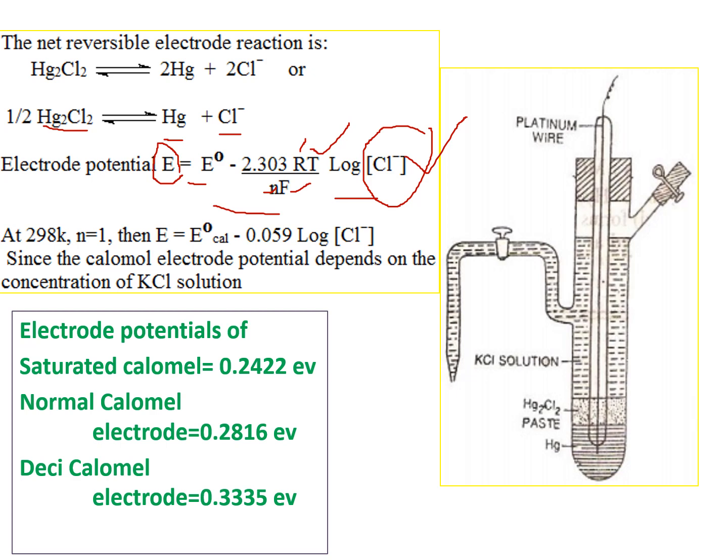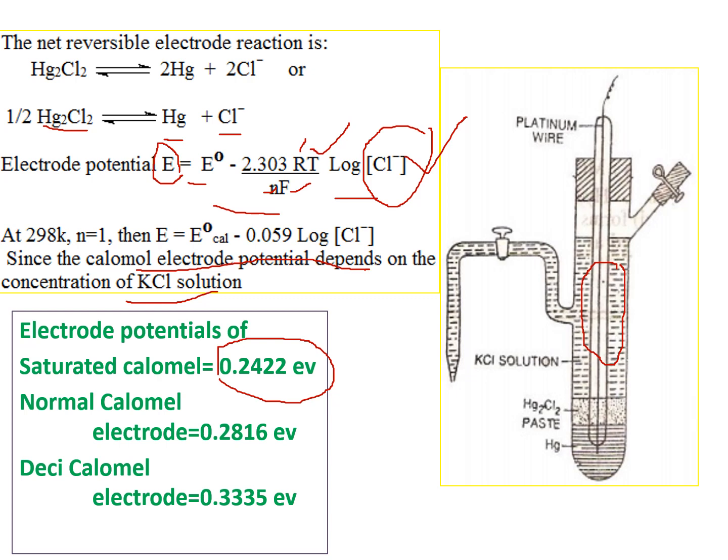So the calomel electrode potential depends on the concentration of the KCl solution. How concentrated the KCl solution filled into the calomel electrode is, decides the electrode potential of the calomel electrode. If you fill saturated KCl solution, the potential value becomes 0.2422 volts. The most often used calomel electrode is the saturated calomel electrode with saturated KCl solution.